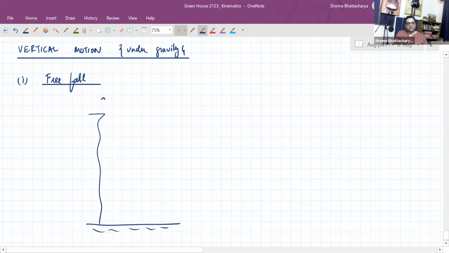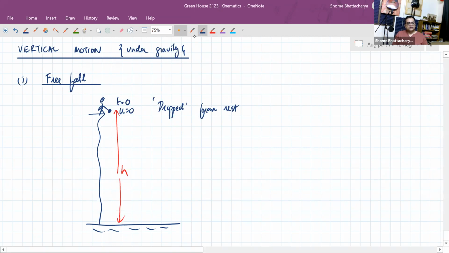So let's say from a certain height above the ground level at t equal to 0, an object is dropped from a certain height h.